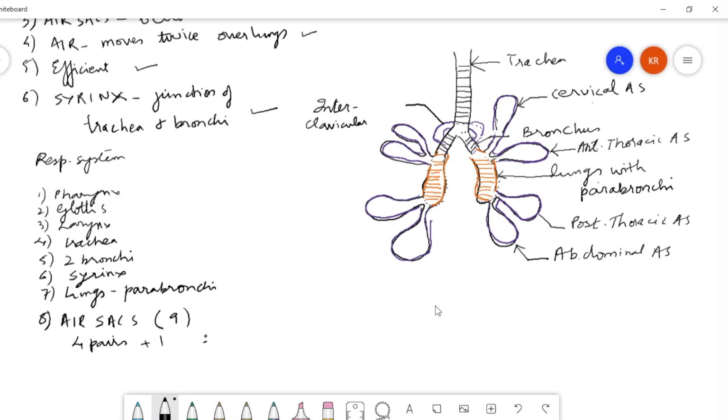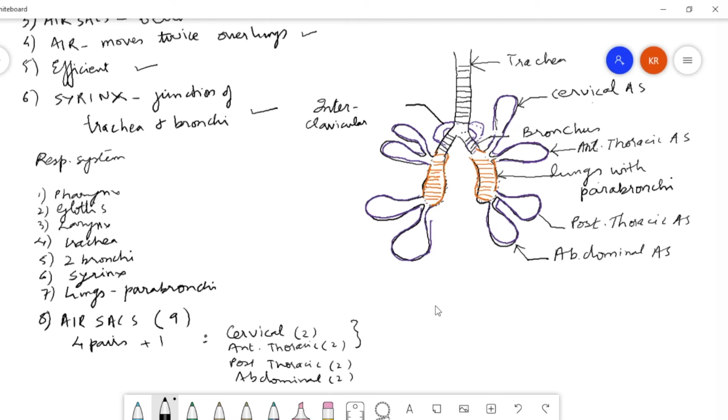So which are the pairs? Cervical, anterior thoracic. There are 2 here, there are 2 here. Then there is posterior thoracic, and there is abdominal. So there are 2 here and there are 2 here. So out of these 2, you can look at the location here.